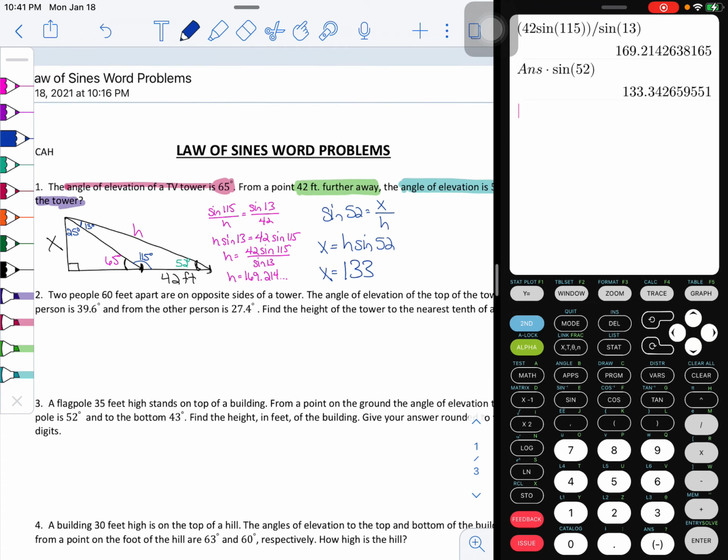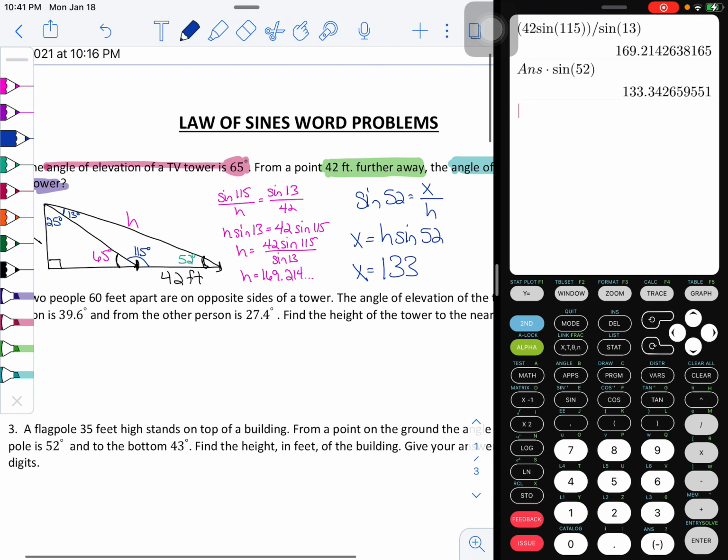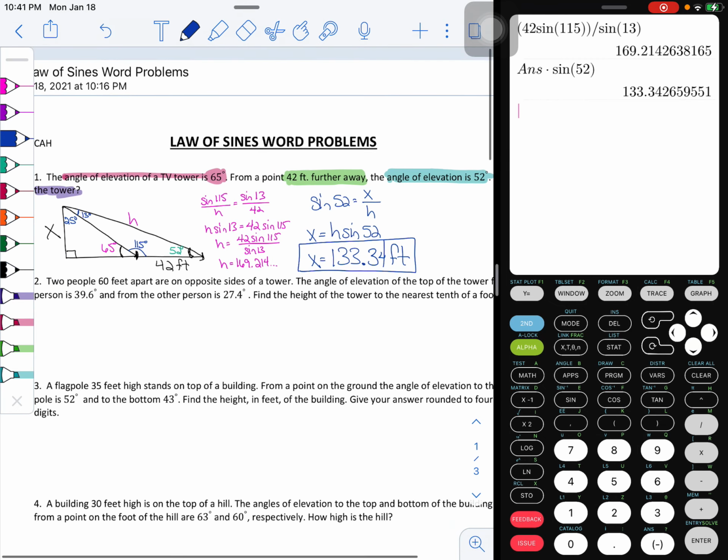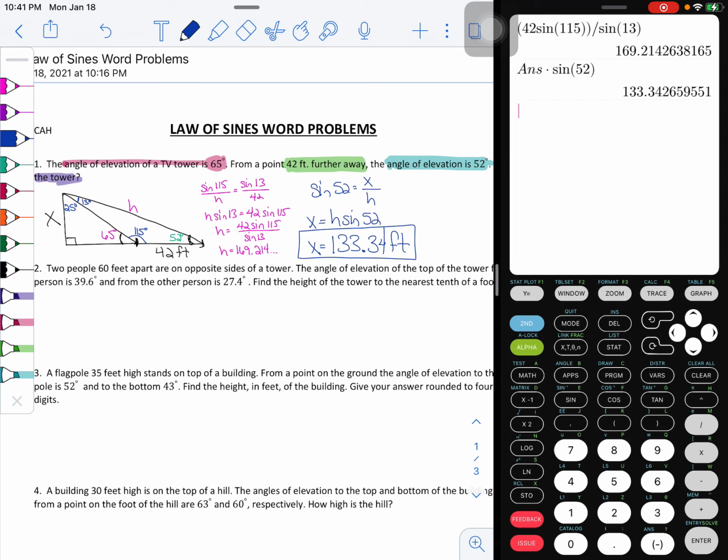So my tower here is 133. If there are no directions about rounding, round to 2 decimal places, please. So 133.34 units are feet. So our TV tower is 133.34 feet.